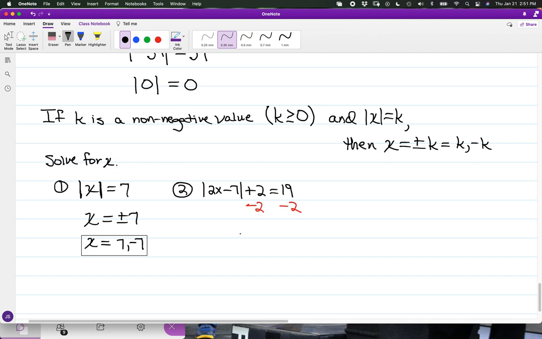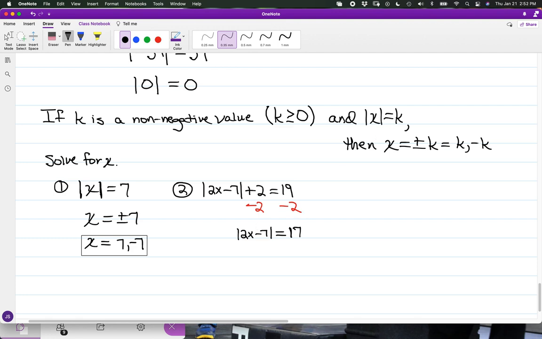In the rewrite, we're going to have the absolute value of 2x minus 7 is equal to 17. And we have a one-to-one correspondence between the absolute value of an expression on one side and the constant on the other. So x is represented by 2x minus 7, and k is represented by 17.